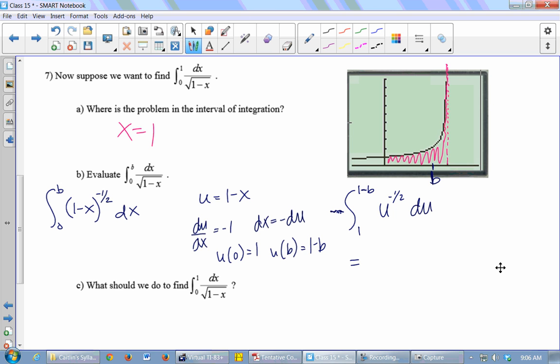Okay, antiderivative of u to the -1/2 is u to the 1/2, or 2 square root u. All right, if I plug a 1 minus b in there, I get 2 square root 1 minus b, minus plug in a 1, and I get 2.